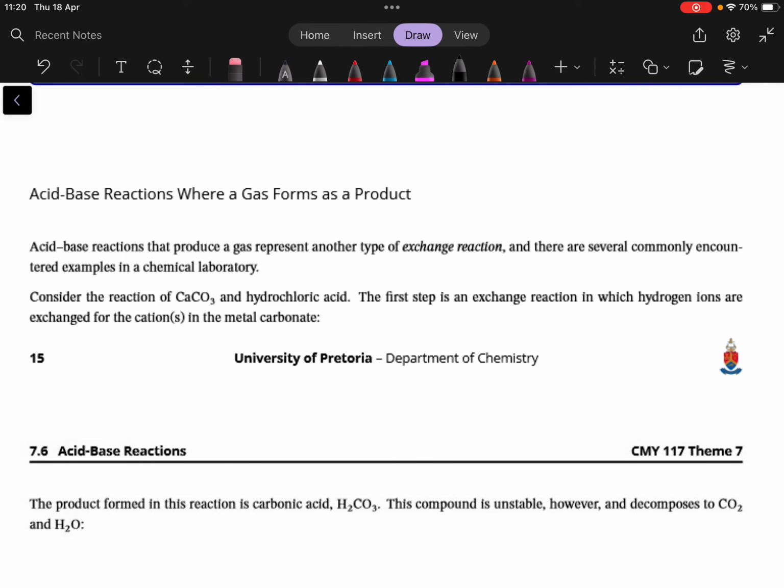So metal carbonates, for example, something that has a metal and a carbonate, is able to form a gas. It forms gas, and that gas is CO2, because you can see it's sort of already there. So there's CO3 and CO2. So that will come from it.